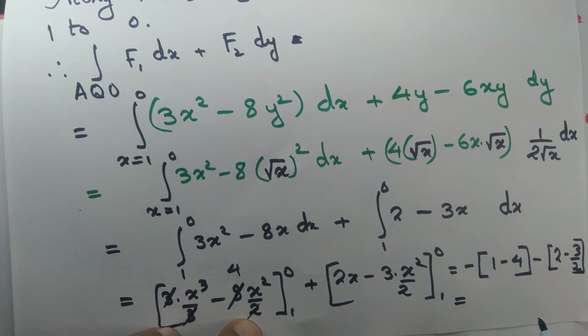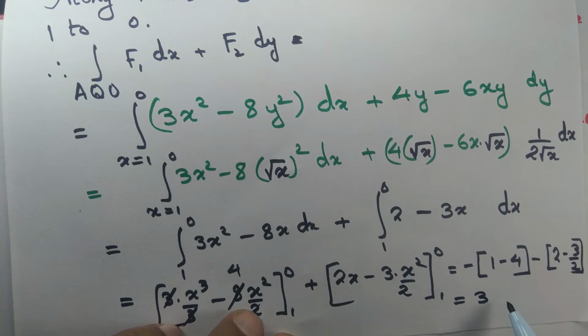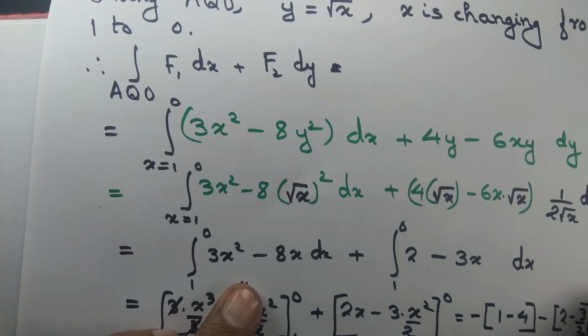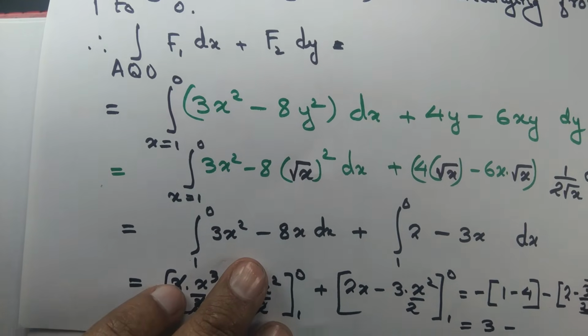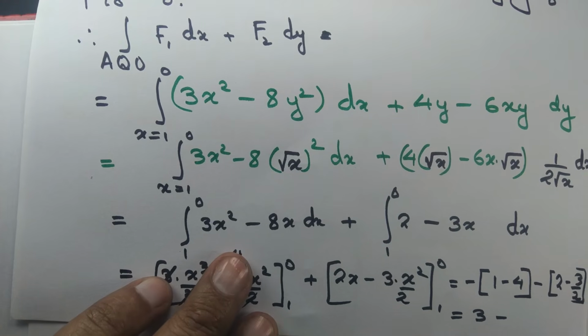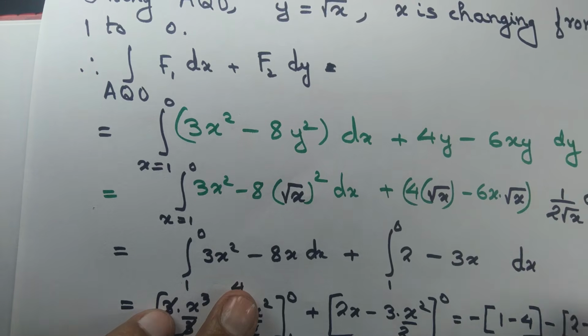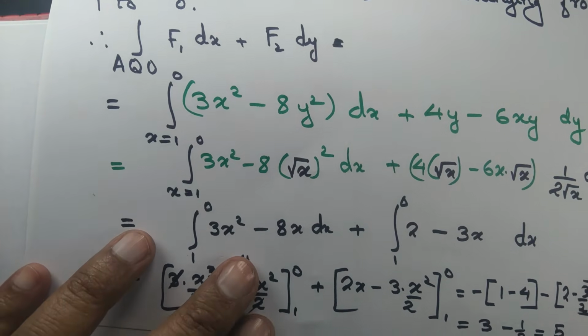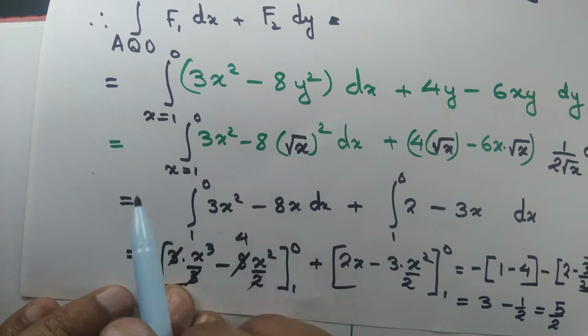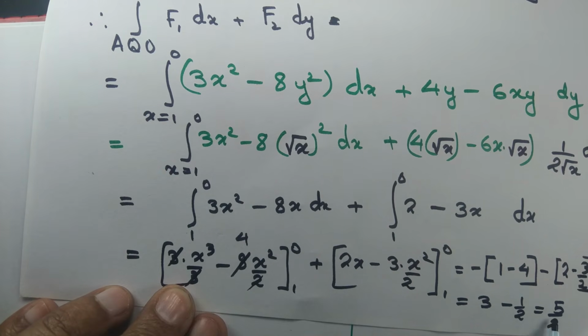That is equal to 3 minus half. That is equal to 5 by 2. So, let's combine it. Along AQO, we got 5 by 2.